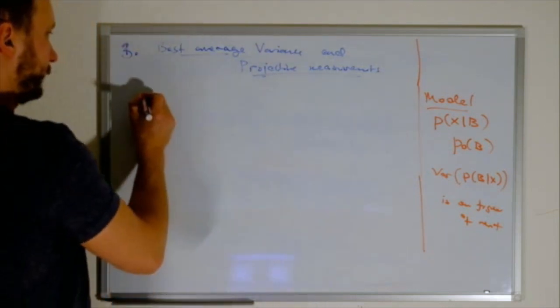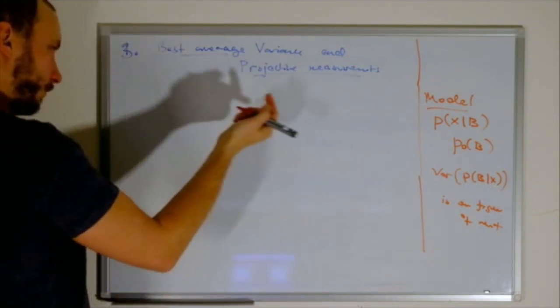So now the assumption here is, first of all, that for the score we'll use the variance.